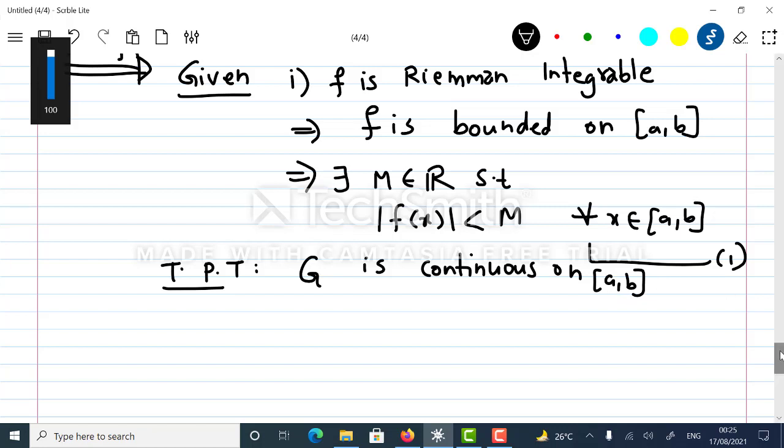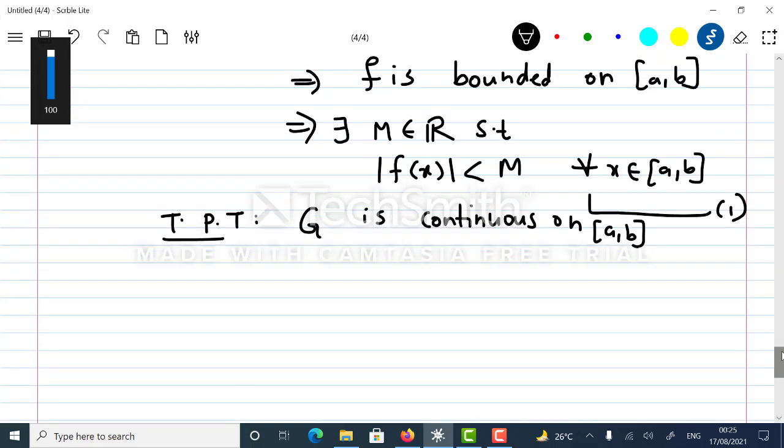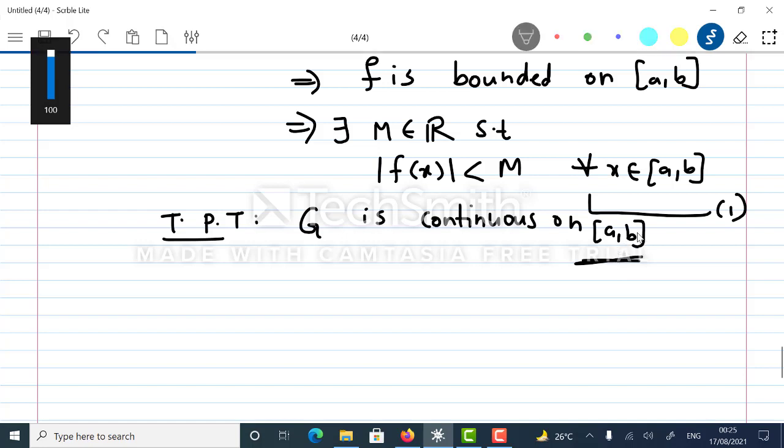So how will I prove g is continuous on closed interval a comma b? The idea is, take an arbitrary point from the closed interval a comma b and show that the function is continuous at that arbitrary point. And if it is continuous at an arbitrary point, it implies that this function is continuous on closed interval a comma b also.